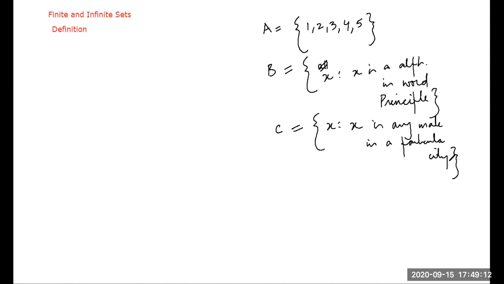So students, if you say set A has 5 elements.